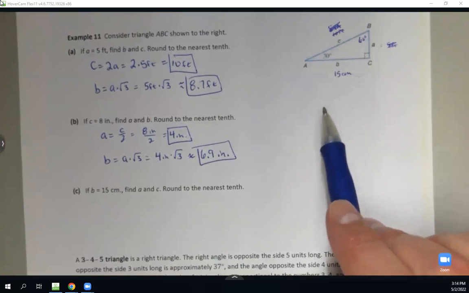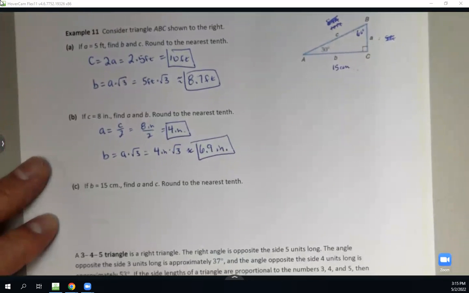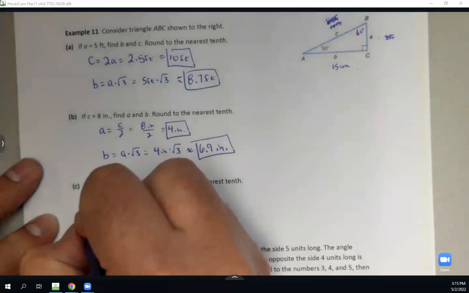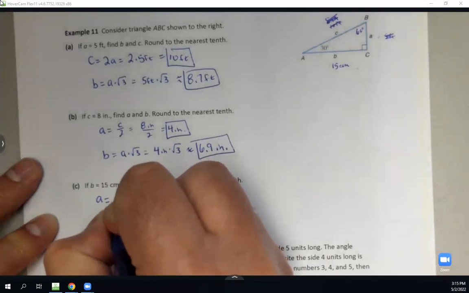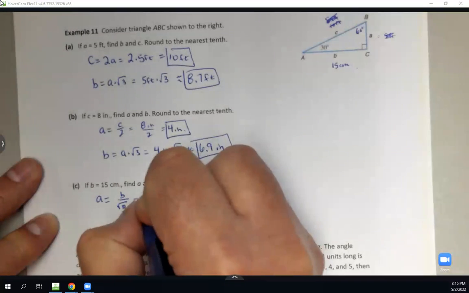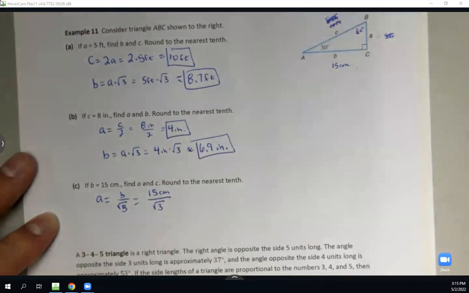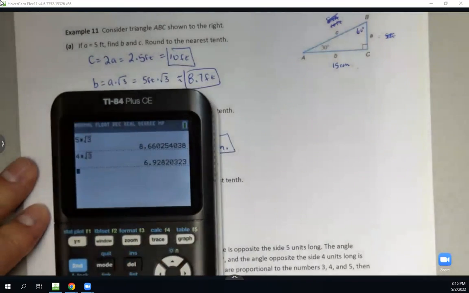And the key again is to find the shorter leg, because the hypotenuse will be double the shorter leg, okay? So to find A is going to equal B divided by the square root of 3. So in this case, that's 15 centimeters divided by the square root of 3. So that's going to be about 8.7.